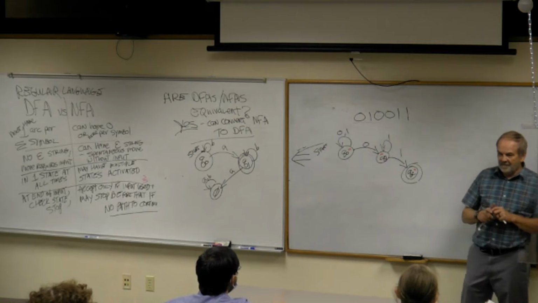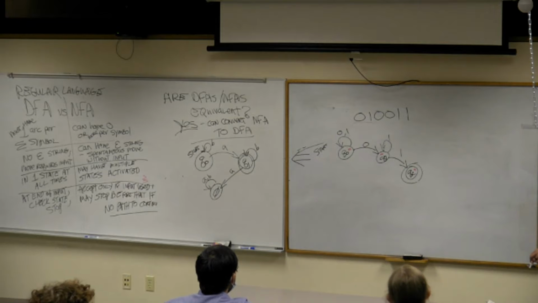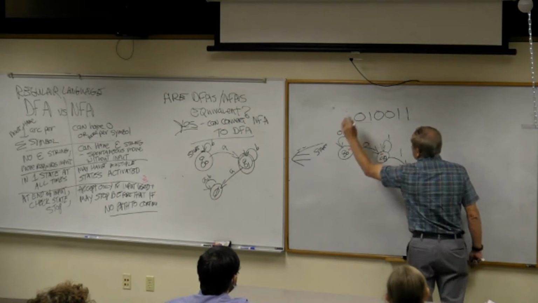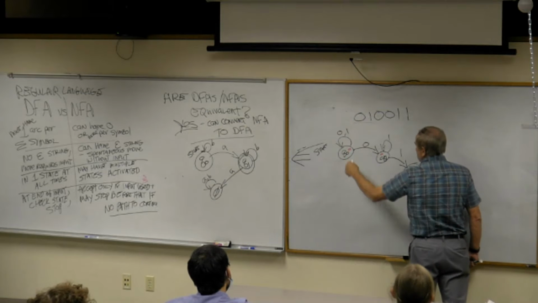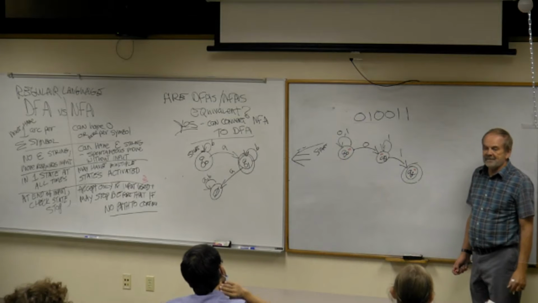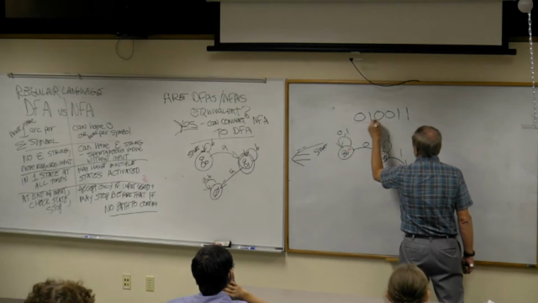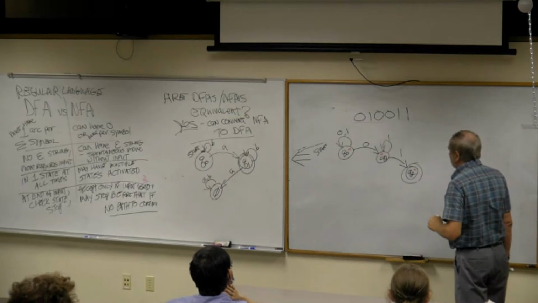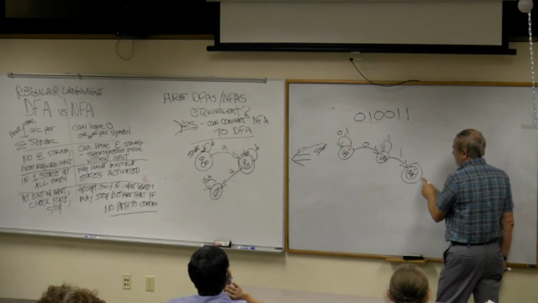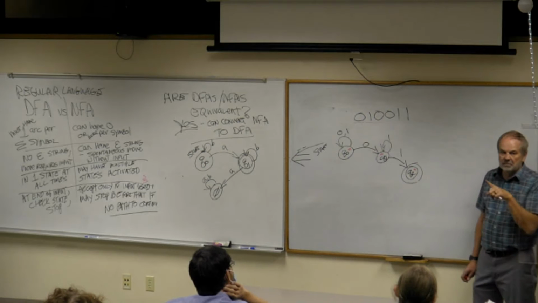Yeah. So if we begin with 1, then it would just activate Q1, because we haven't activated Q0. Yes, if you only saw the 1 first, if you didn't have the 0, then it would just go to 1 and it would only have one state active. Good. Okay, so now I'm going to see the next input character is the 0. And what does that do? Q2 on a 0 goes nowhere.